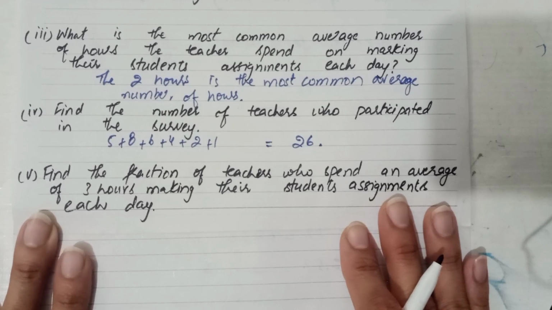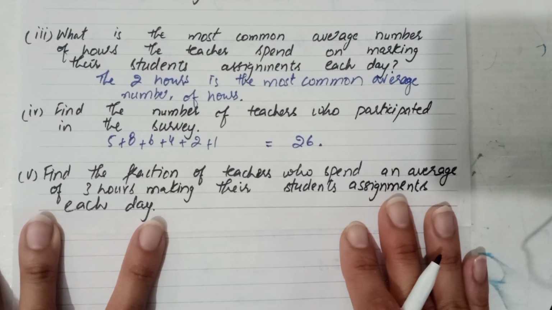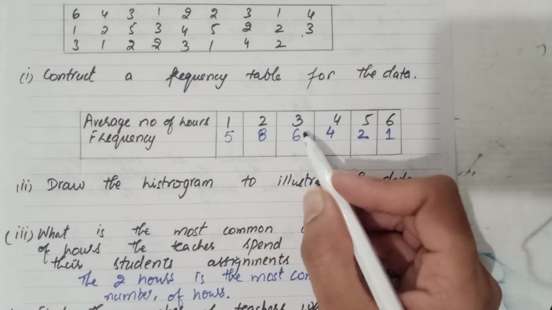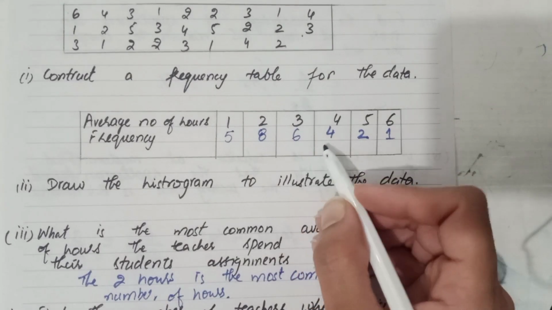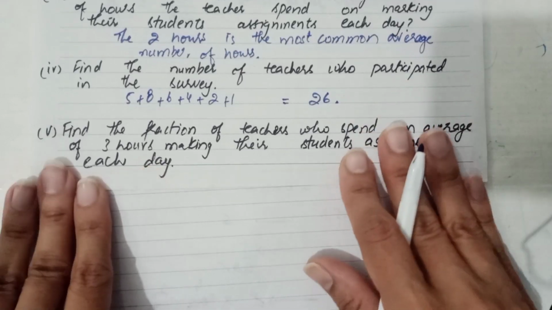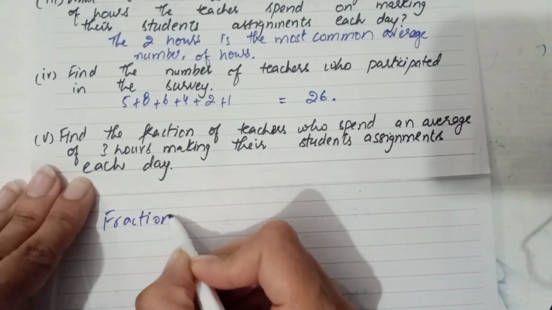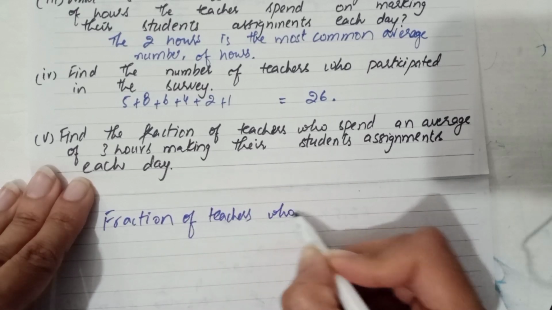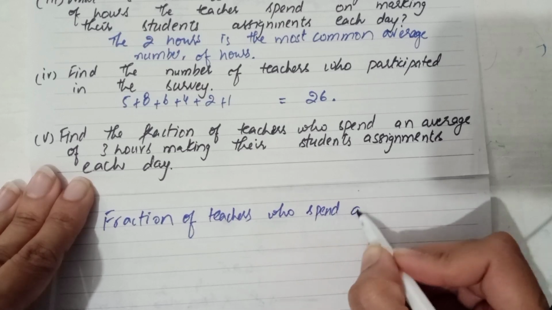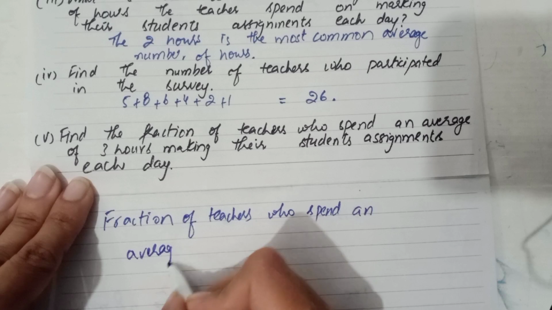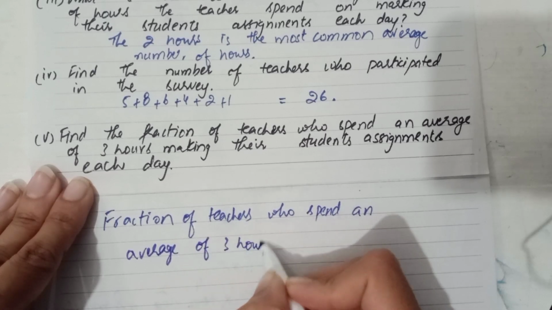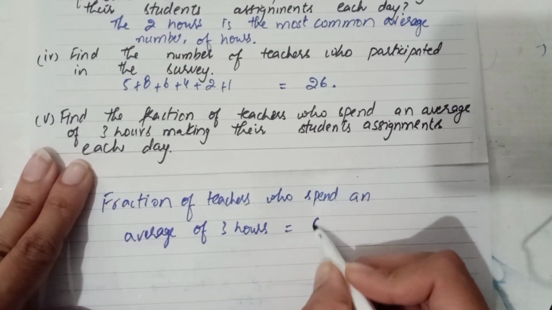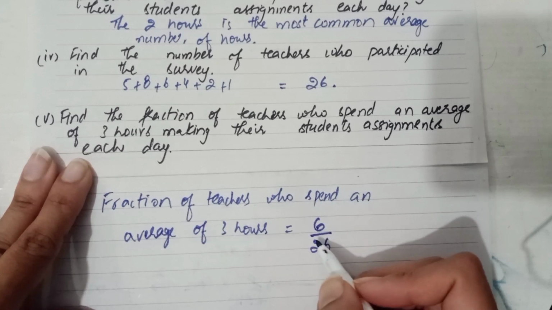Now students, part number 5, find the fraction of teachers who spend an average of 3 hours making their student assignments each day. We have to find the fraction: 3 hours, 6 teachers, and the total number of teachers is 26, and that is the fraction. The number who spend an average of 3 hours is 6 out of 26.